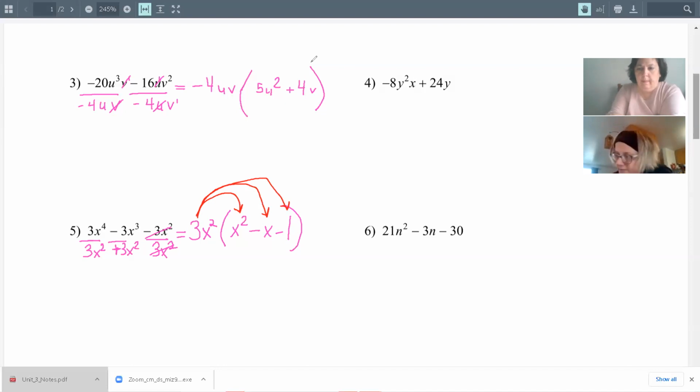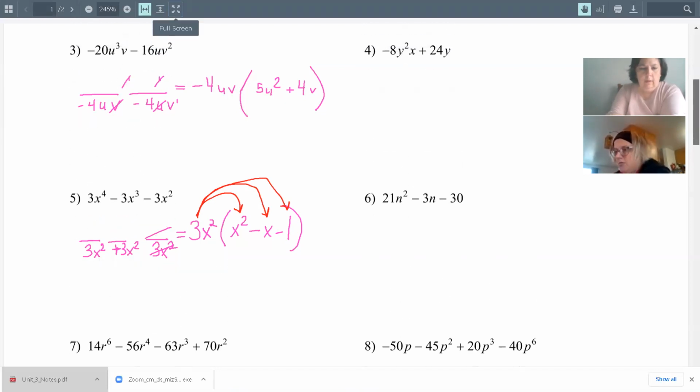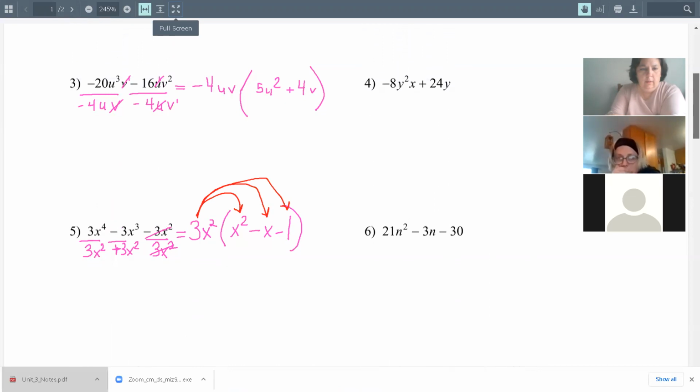I think Kaylee said it. Okay, I didn't hear her. Hold up, I have my earbuds out. What did you say? What question were you asking? How do you check your answer? You go through and distribute all the ones and see if you get the answer. You are correct. You distribute through and see if the answer of your distributive property is your original problem.